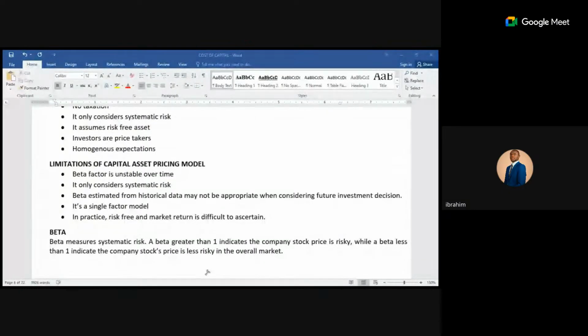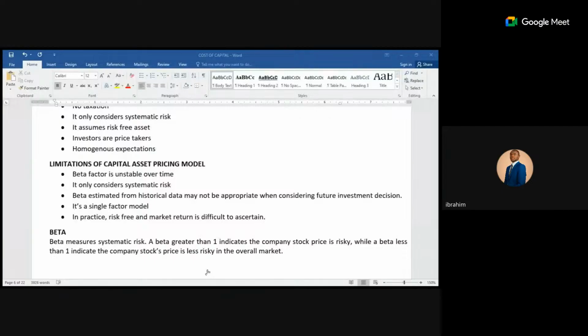Beta is systematic risk that affects everybody. Risk that affects me is affecting you. Inflation affects all of us. Is that not so, class?